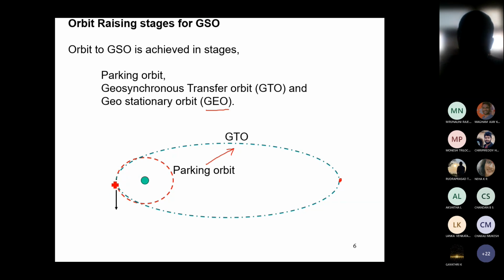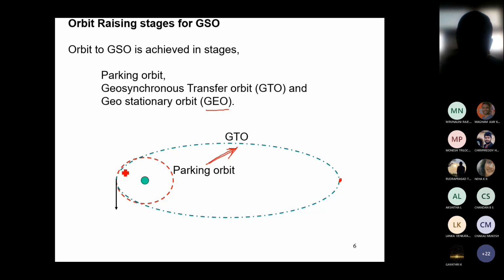So if we want to launch the satellite into GTO orbit, we have to calculate what the velocity at perigee is. Got my point? There will be a change of orbit from parking orbit to GTO orbit.